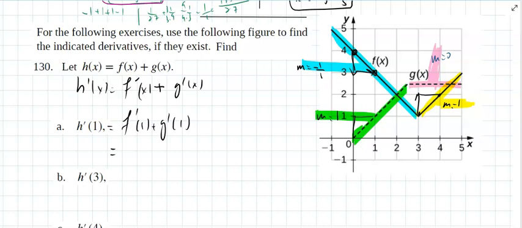Well, let's see. At 1, I'm right here. So if I go to f, I am at -1. And g is a 1, so that happened to be a 0.